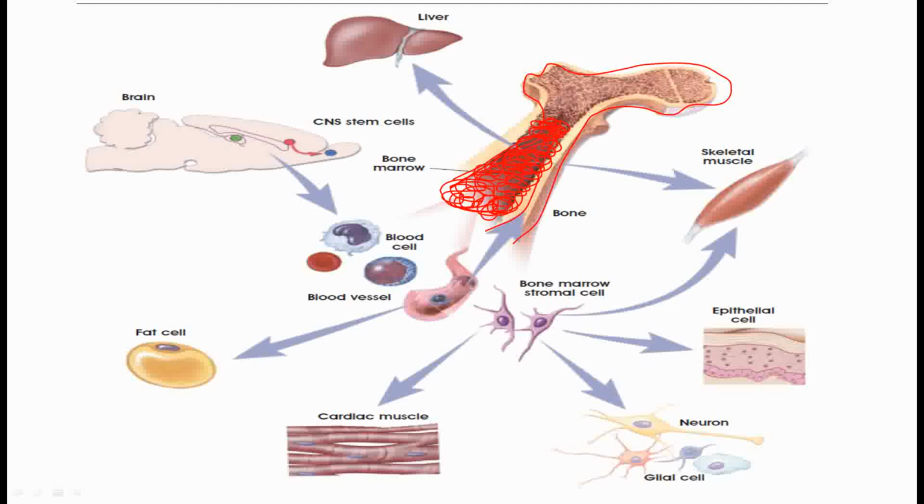This bone marrow can also generate liver. Liver is also a site of stem cells, as liver cells have the property to differentiate, and these cells can give rise to the same cells. So in our body, the liver is a part that can be regenerated.